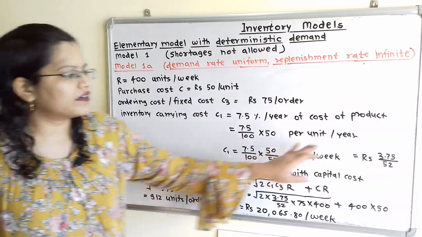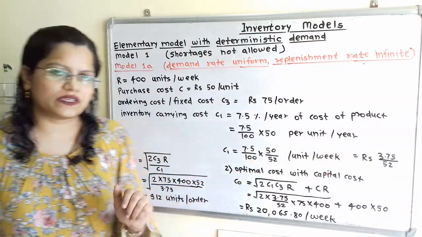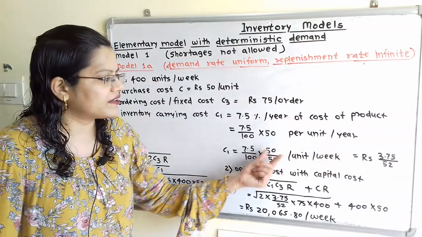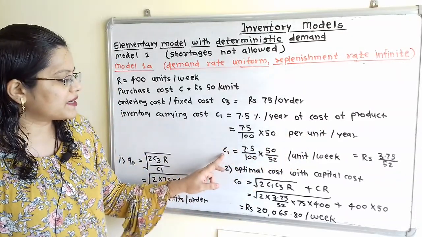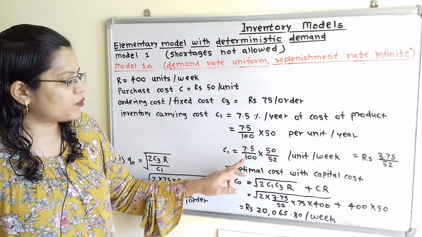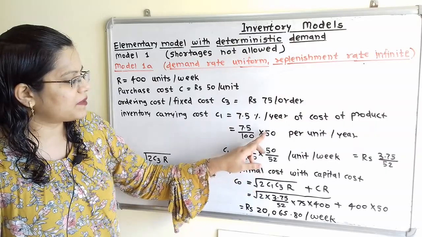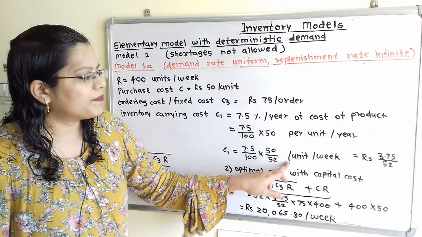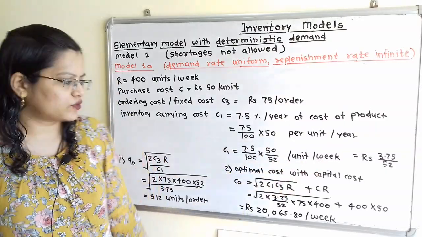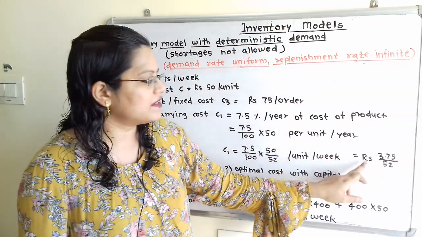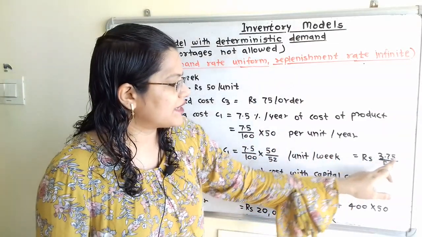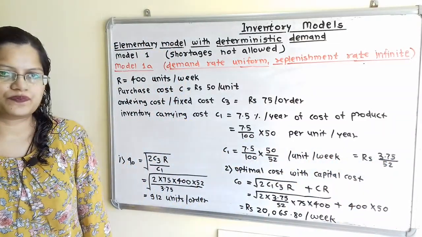So in 1 year there are a total of 52 weeks, so we will divide by 52. Then C1 is equal to 7.5 divided by 100 multiplied by 50 by 52 per unit per week. When we simplify this, we get rupees 3.75 by 52.